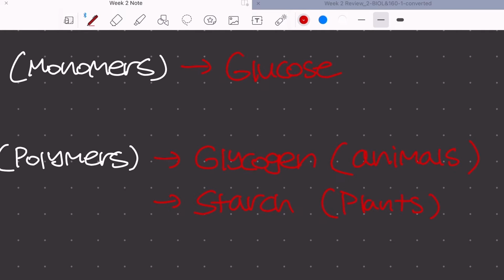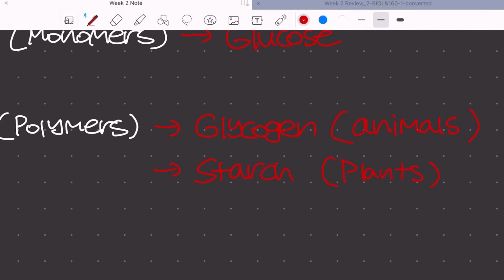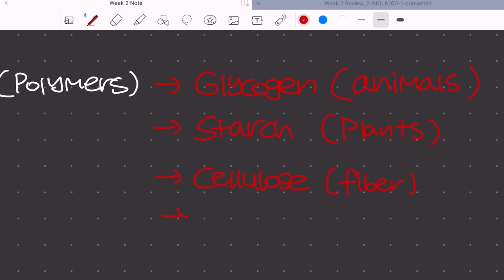Other examples of polysaccharides include cellulose, which is fiber, and chitin, which is what makes the outer shells of insects and mushrooms.